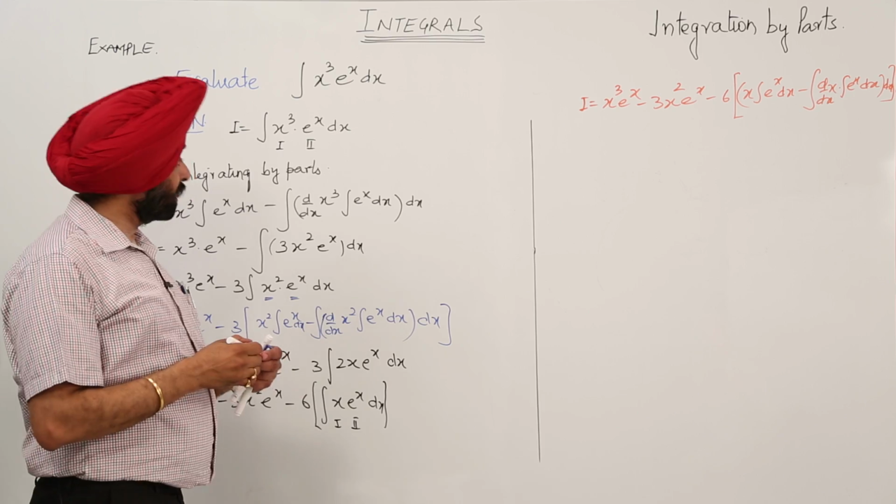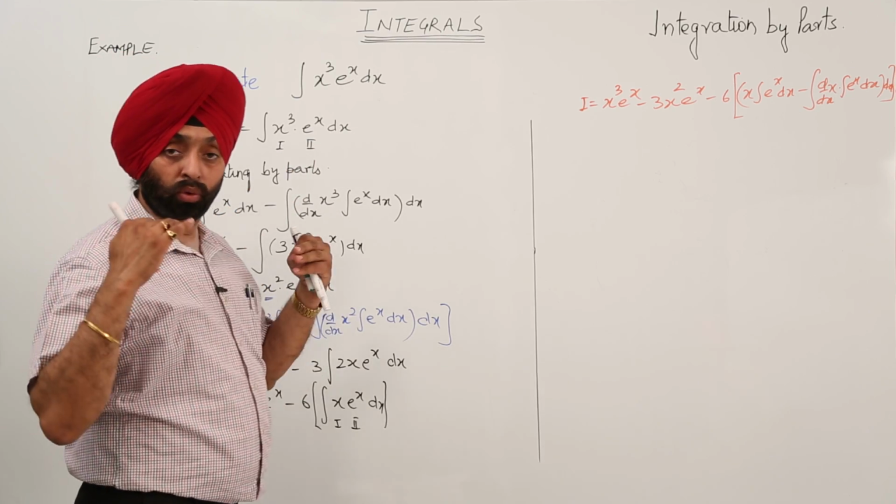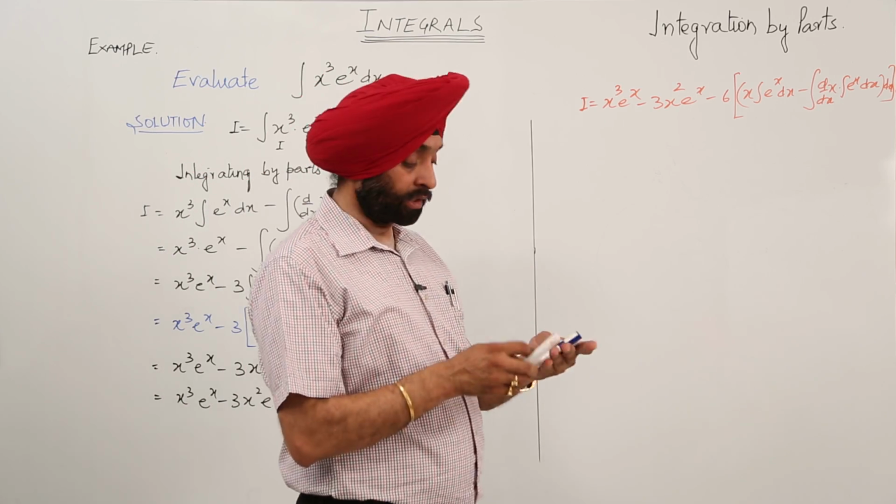Now I told you in the beginning that take this as a first and this as a second, and what will happen? Your question will go on increasing. You can't integrate that part.